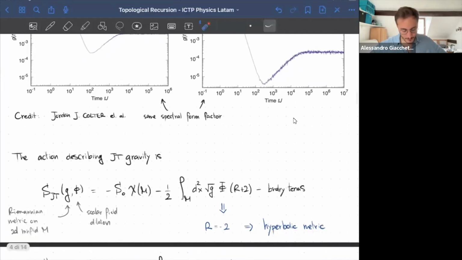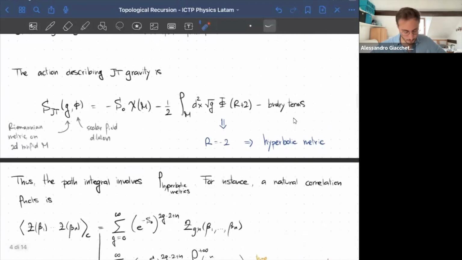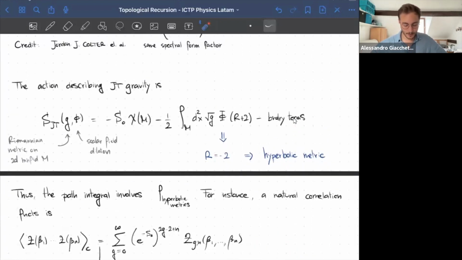This is really nice because this essentially means that when you try to compute the path integral associated to this JT gravity, you will end up with computations that involve integrals over the space of hyperbolic metrics.